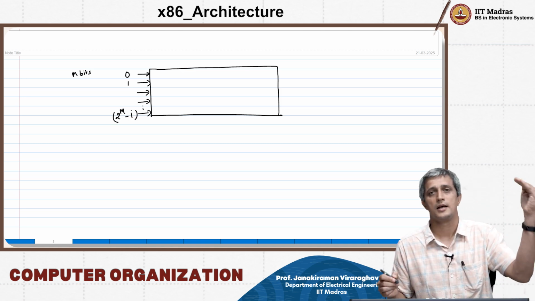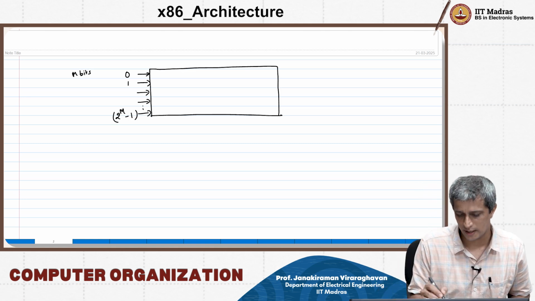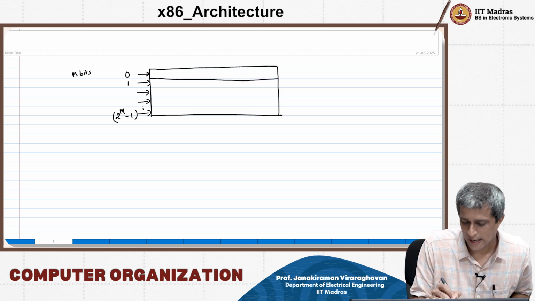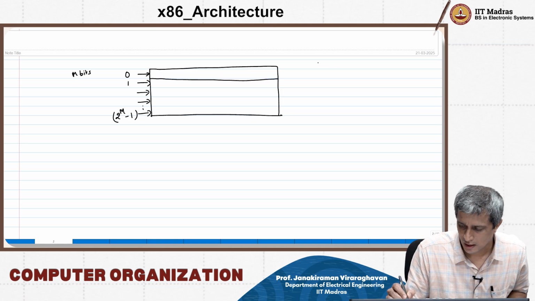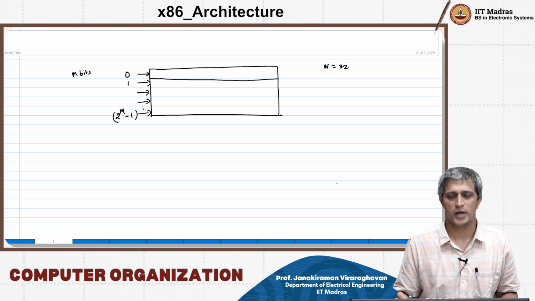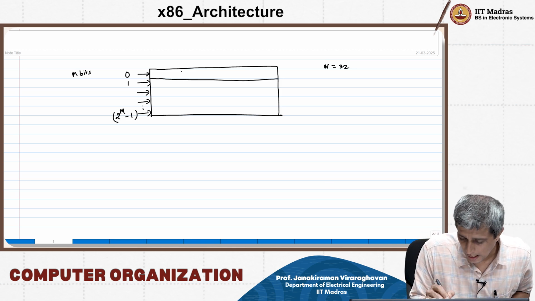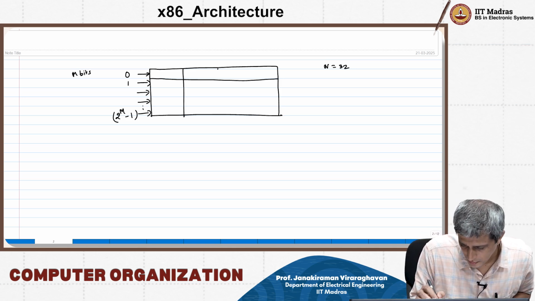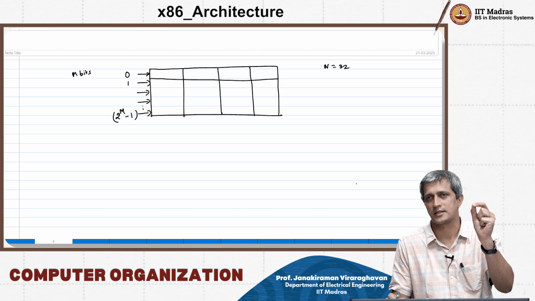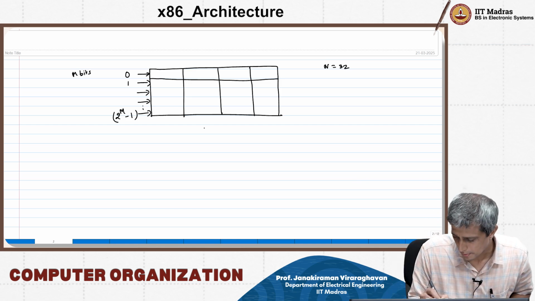These are the locations in the memory that I can read, and each of these could translate to n bits of information. Let us say that n is equal to 32. Okay, then what will happen? I will basically have 4 bytes of information available from each address every time I access this memory.